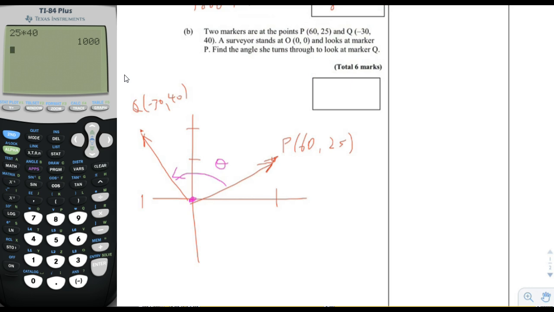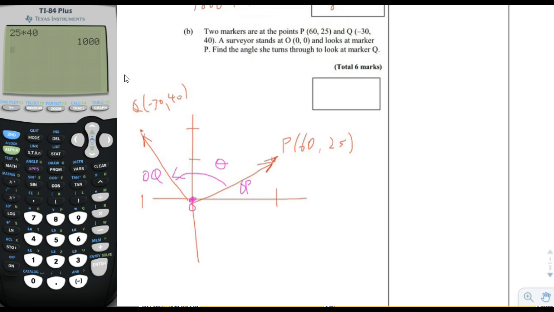So basically what we're going to do is figure out what theta is by using these two vectors that we just drew. We drew vector OP and we drew vector OQ.